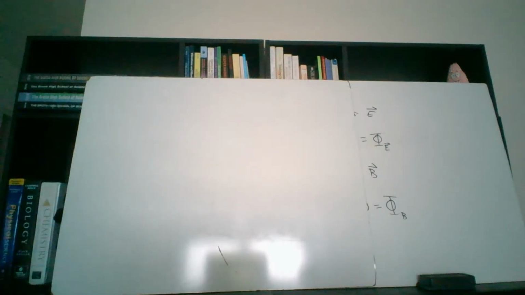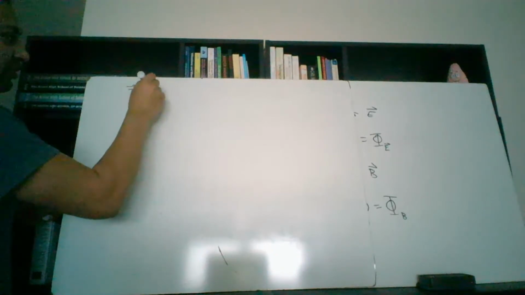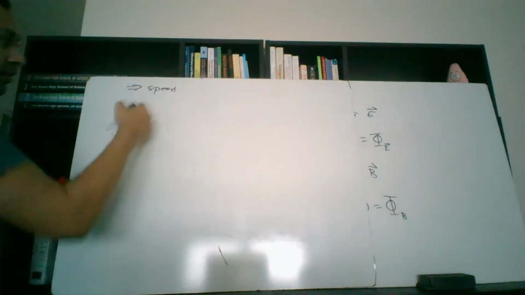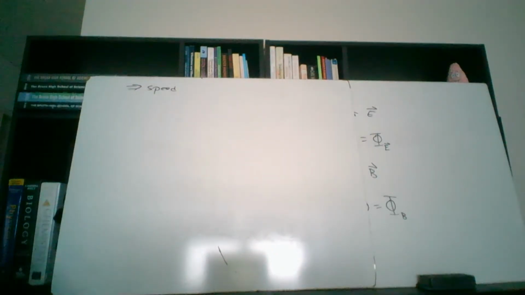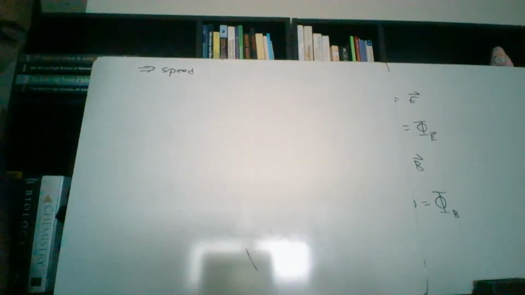So really quickly, let's talk about the speed of light. This is just a review now. For the speed of light, we have two equations, the electric field and the magnetic field.